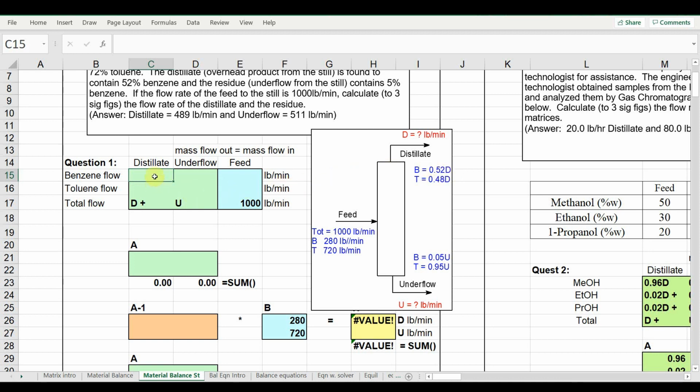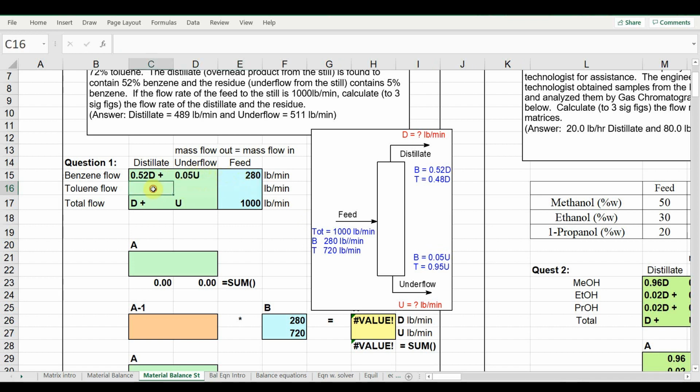We can write 0.52 times D. That plus the benzene flow in the underflow would be, well, we don't know, but it's 0.05 times whatever the underflow rate is. And together that would be a total of 280 pounds per minute. That's mass balance. The total benzene flow out is equal to the total benzene flow in.